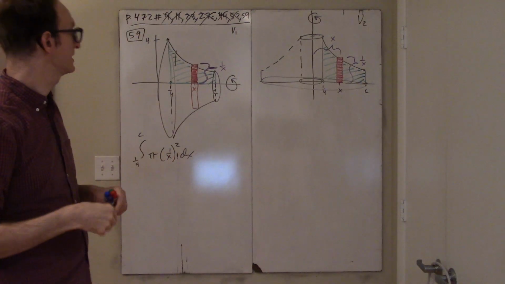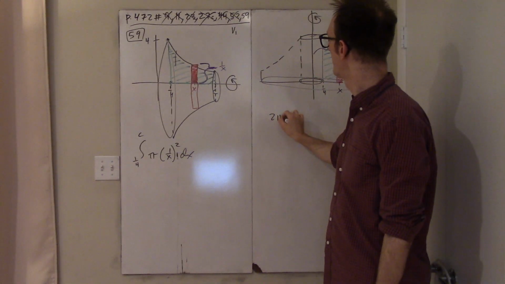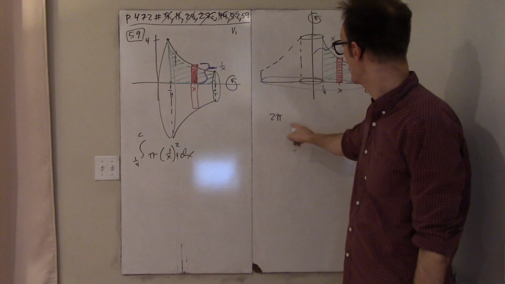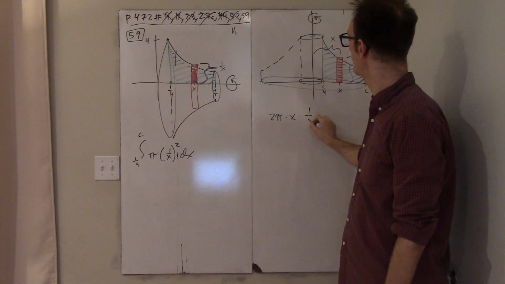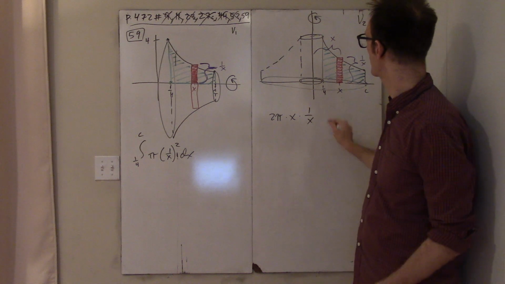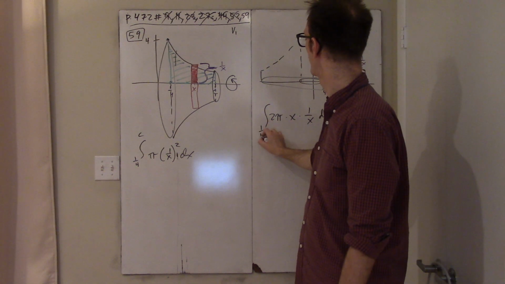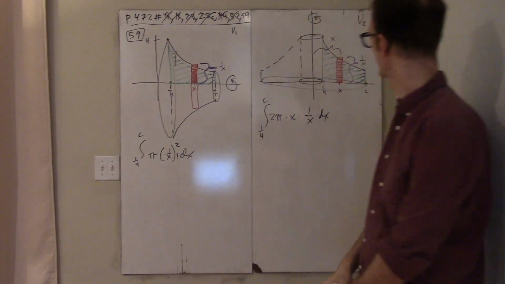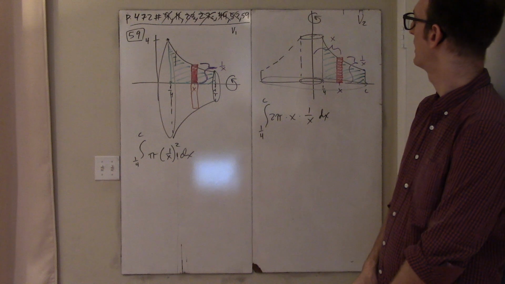So, in this case, what do I get? I get 2 pi, the radius, which is x, times the height, which is 1/x, times the thickness, which is dx, and I want to integrate from 1/4 to c. 2 pi r h dr.